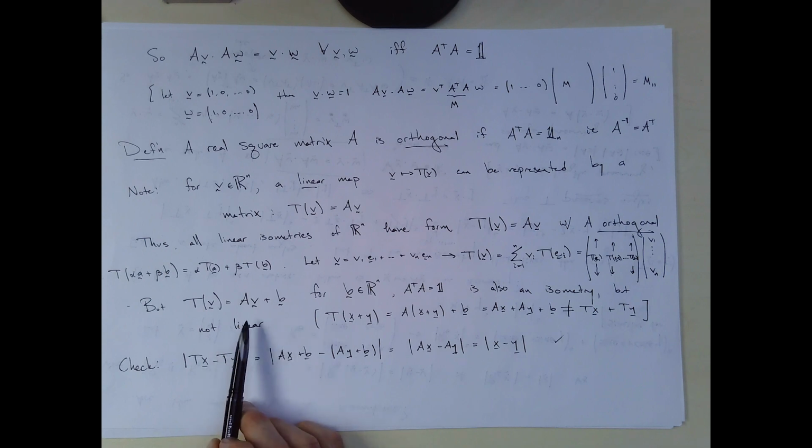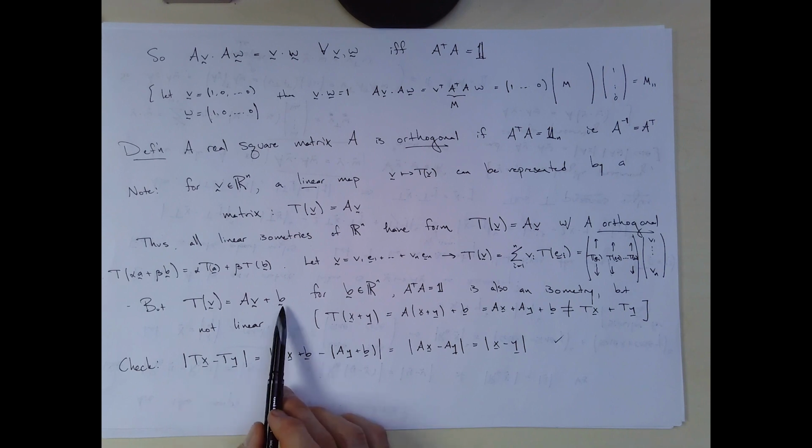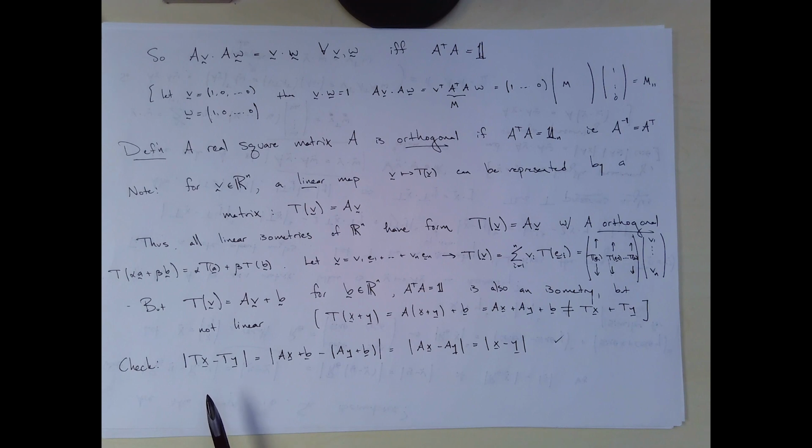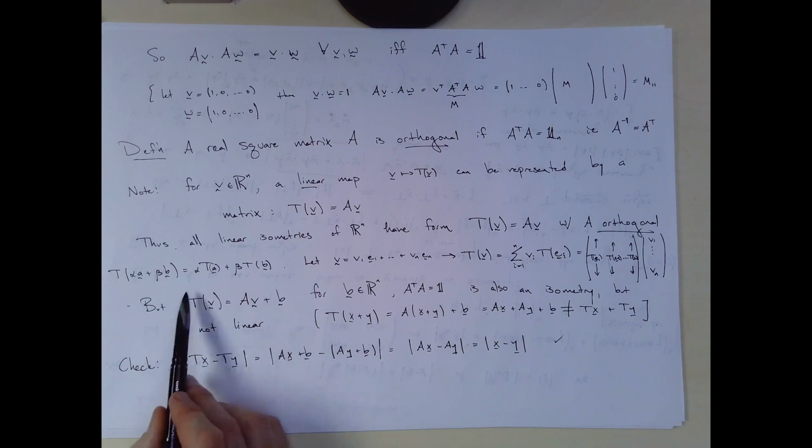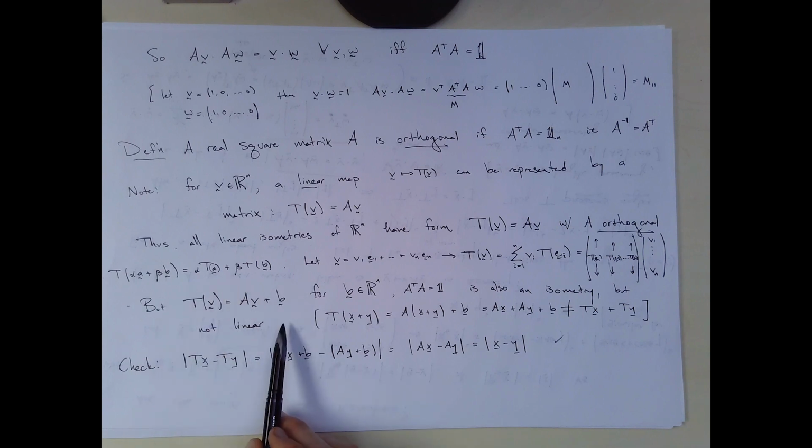There are other isometries which involve multiplication by an orthogonal matrix, but which are not linear. And this is an example where we just shift by a vector b. What we'll show at the very end of this section is that there are no others. So in fact, all isometries have this form of representation. Orthogonal matrix multiplication plus a constant shift.